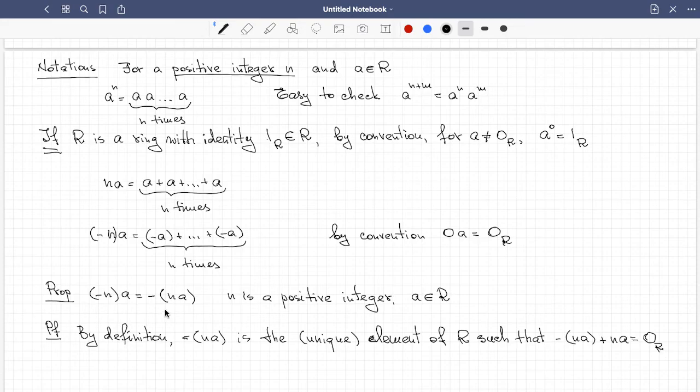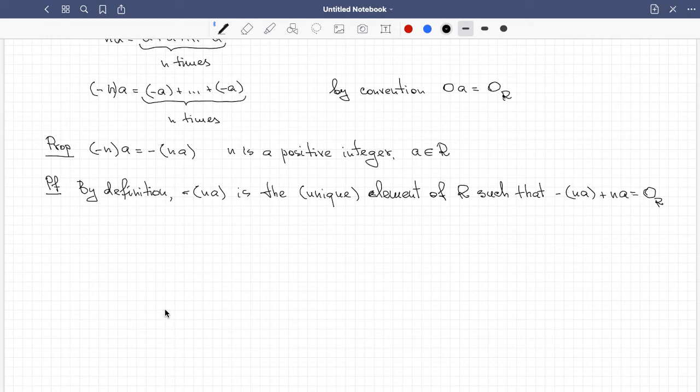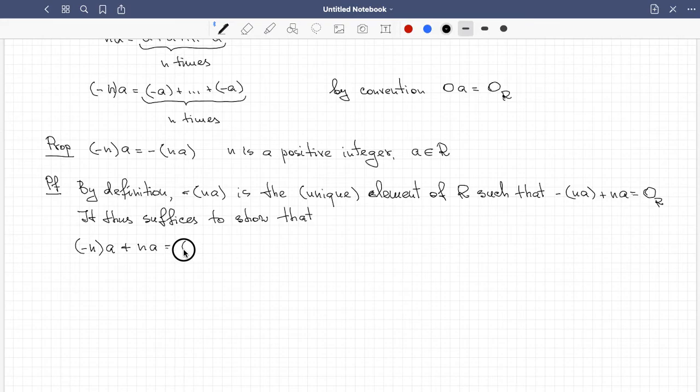Now, in order to prove the equality, it suffices to show that negative n times a, as defined here, plus n a is 0 in R.